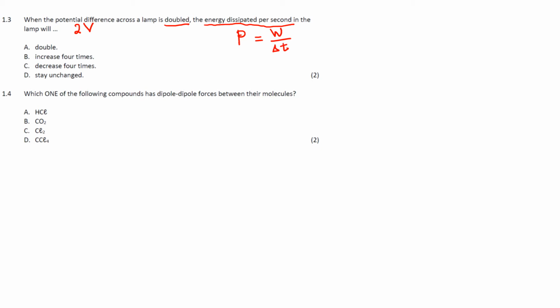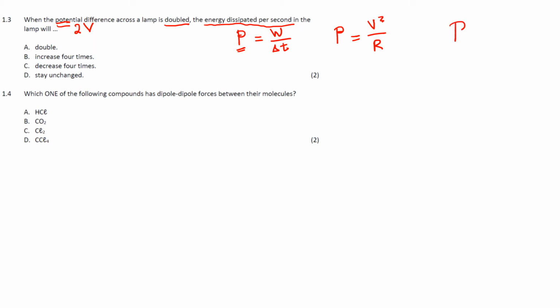Dissipated and transferred is the same. So we know that power is V squared over R. I'm looking for the relationship between power and potential difference, so that is a suitable equation to use.